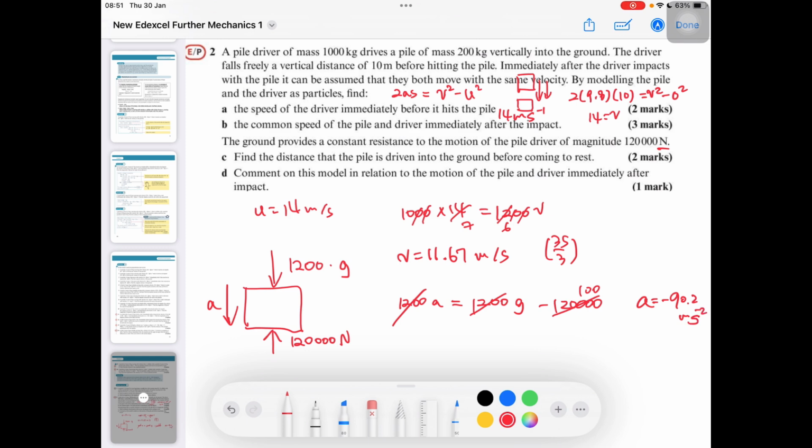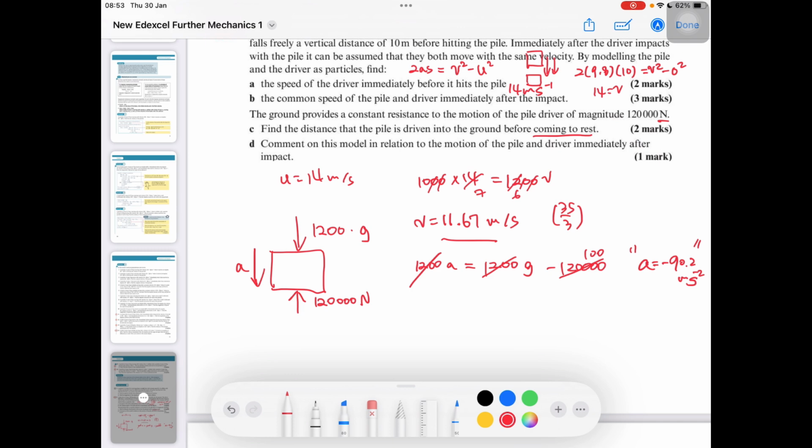So for part C, this is the acceleration, and now we need to find the distance. We know the acceleration, so we use SUVAT again. 2as becomes v squared minus u squared. The common speed was this one, so this is the initial speed, 11.67 squared.